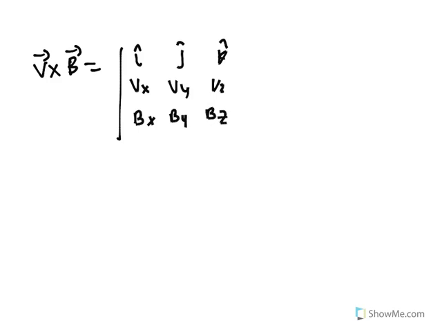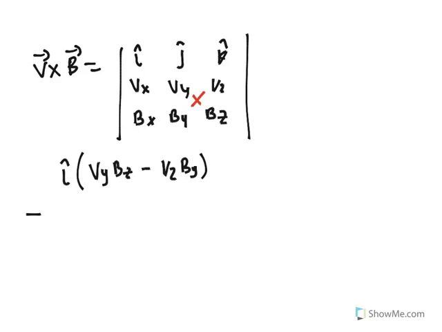And in order to perform component i, I am going to do the product of this times this minus this times this. So the i component is going to be, for instance, Vy Bz minus Vz By.